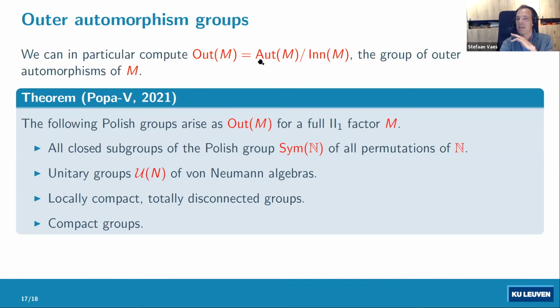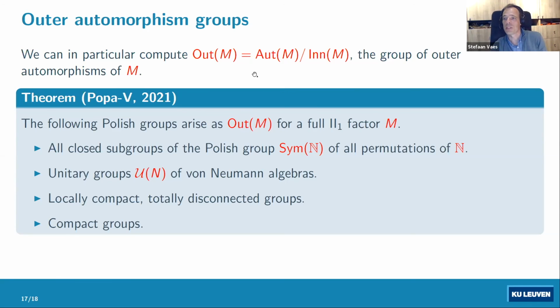That is typically extremely difficult. For instance, the outer automorphism group of the hyperfinite II_1 factor is extremely huge. It's this kind of set theoretic object that you cannot describe. For instance, it contains any locally compact group. Any locally compact group can be embedded into the outer automorphism group of the hyperfinite II_1 factor.